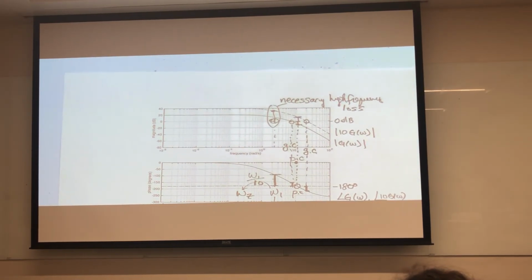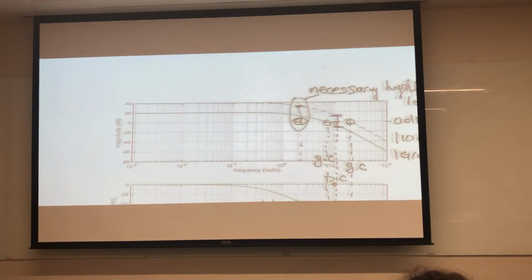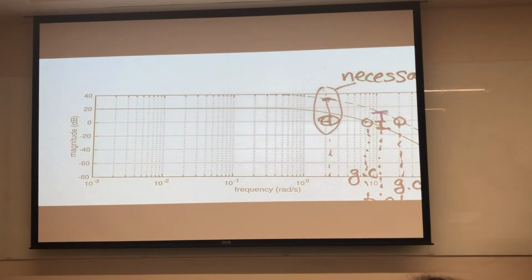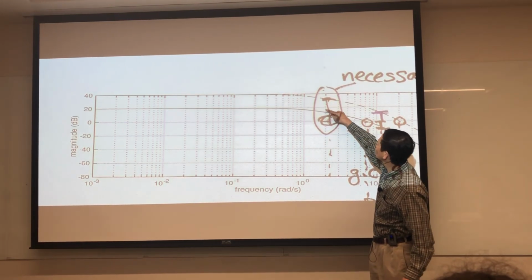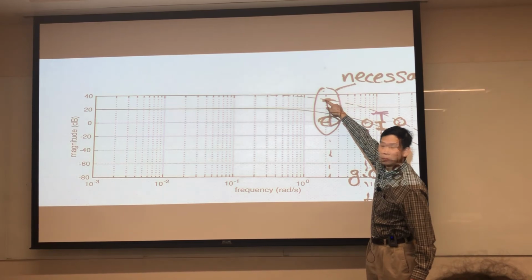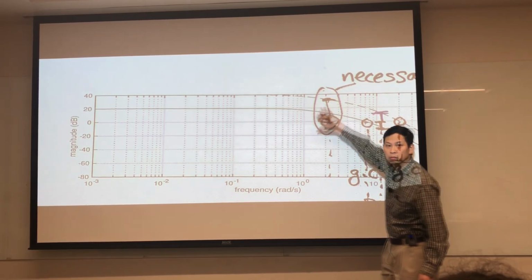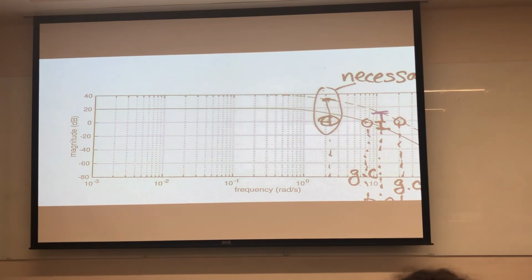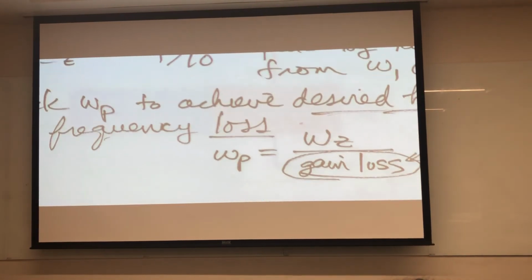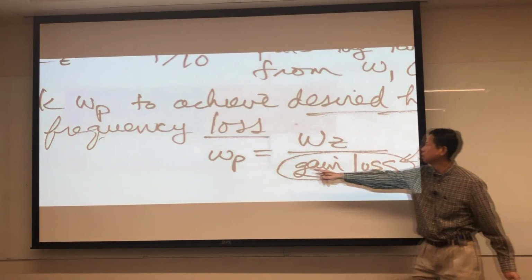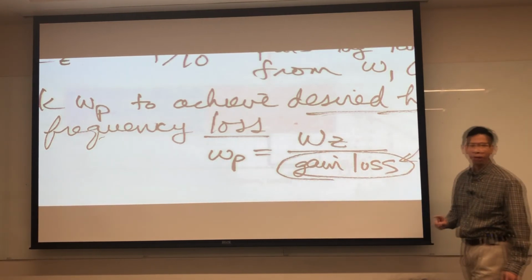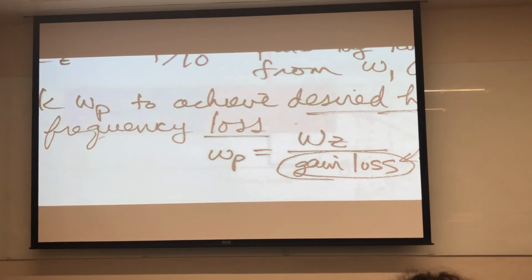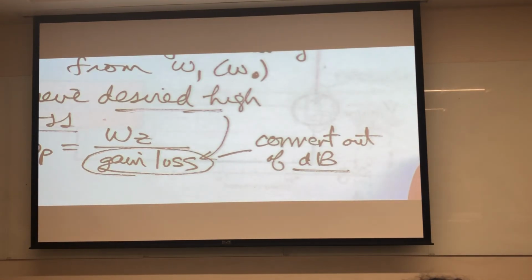They'll come here and say, how much loss do I need here? I want the new curve to go through 0 dB right here. It looks like that's about 20, 30, 35 dB. So they say, I need 35 dB. So they come into the formula and say omega p is equal to omega z divided by 35 dB. That's the error they make. You have to convert 35 dB out of dB and then put that number in.